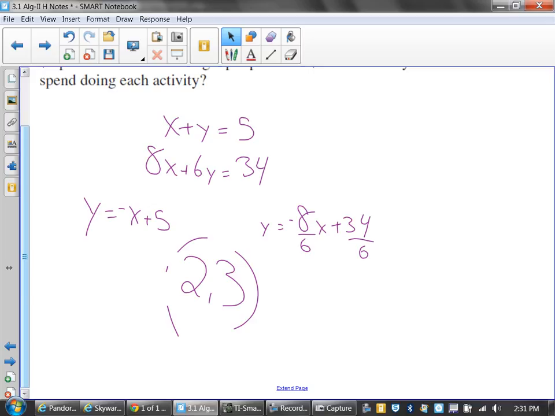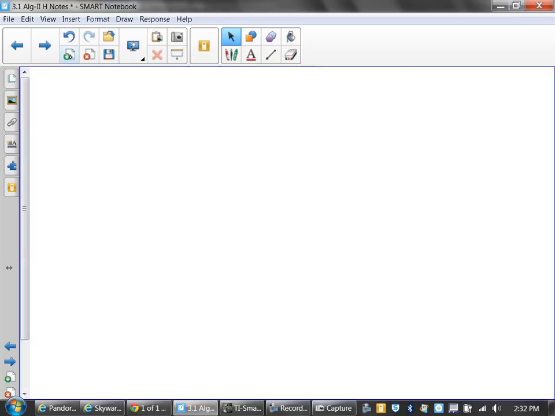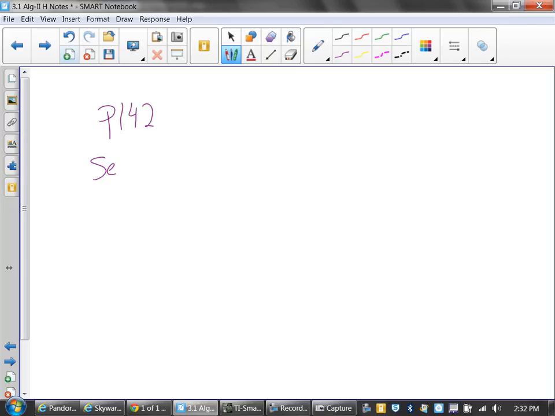Tonight, all I want you guys to do, on page 142, this is section 3.1, numbers 26 through 31. Just use your graphing calculator.